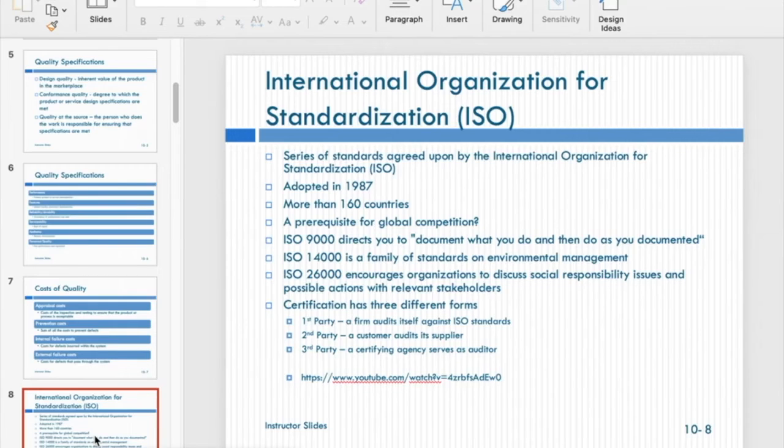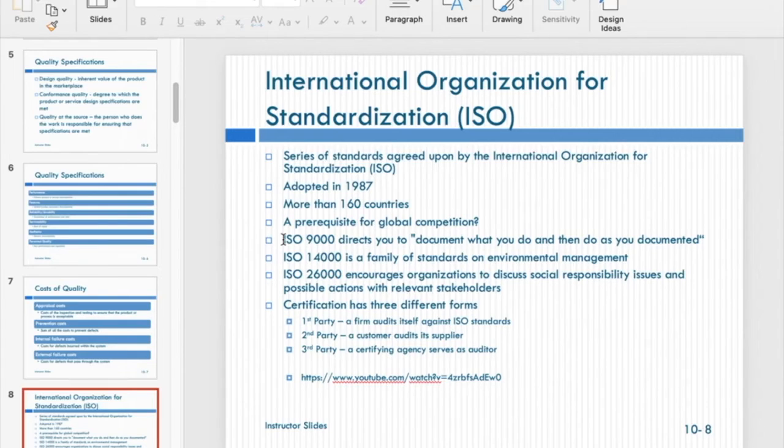Starting from 1987, the ISO started to set different types of criteria for different firms. They include ISO 9000, 14000, and ISO 26000.